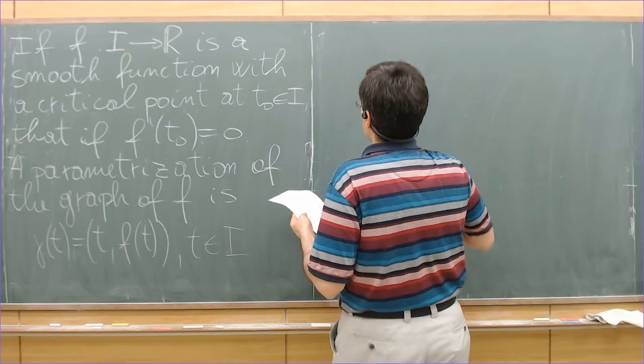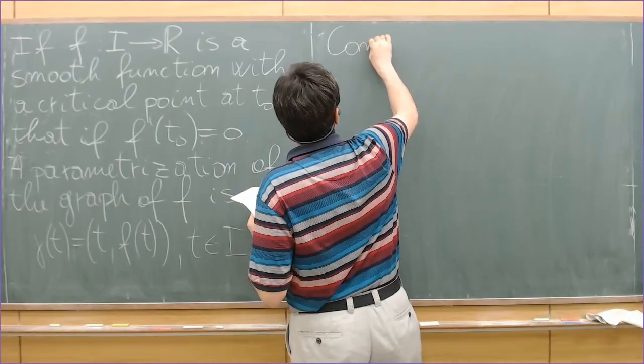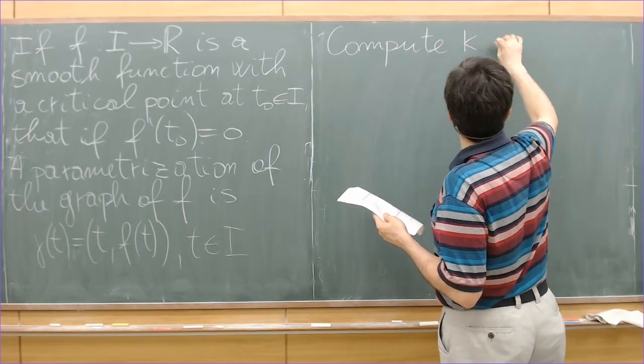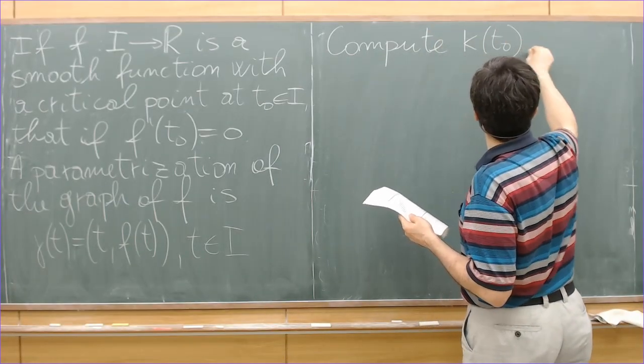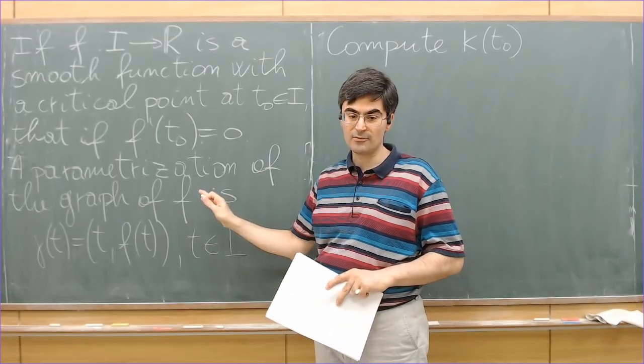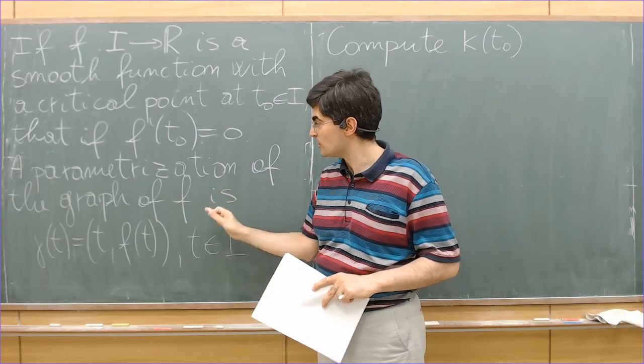And we want to compute k at t0, not at any point of the graph, but only at the critical point of f.